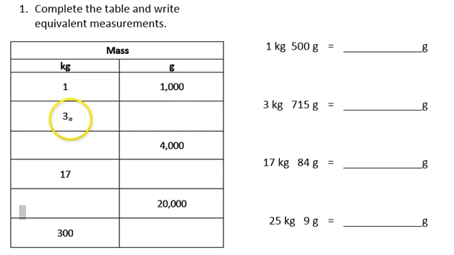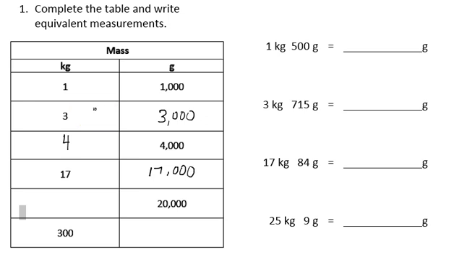To continue with my table, if I have 3 kilograms, then I know I have 3,000 grams. 1,000 grams per kilogram.